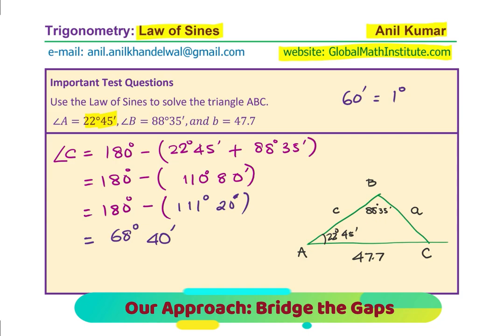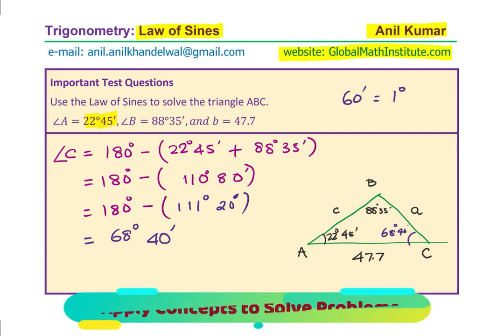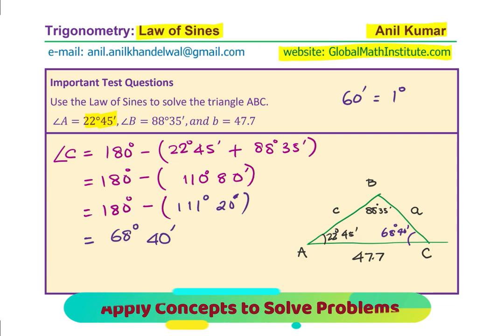Is that clear to you? So we get this angle C as 68 degrees 40 minutes, correct? So that is how you'll actually work with it. Remember the conversion, and that should help you.